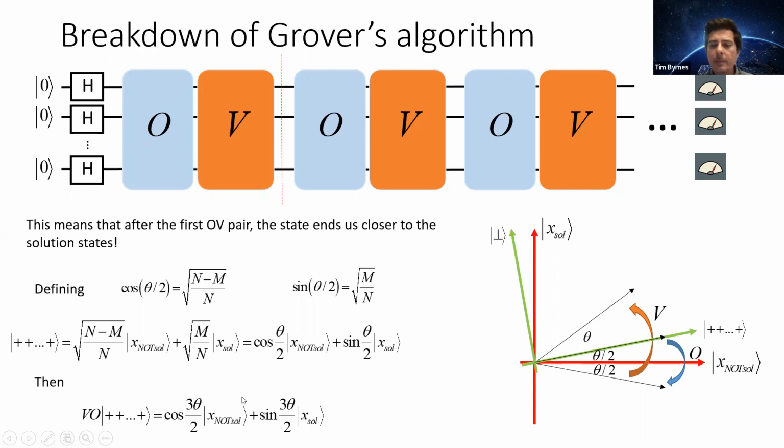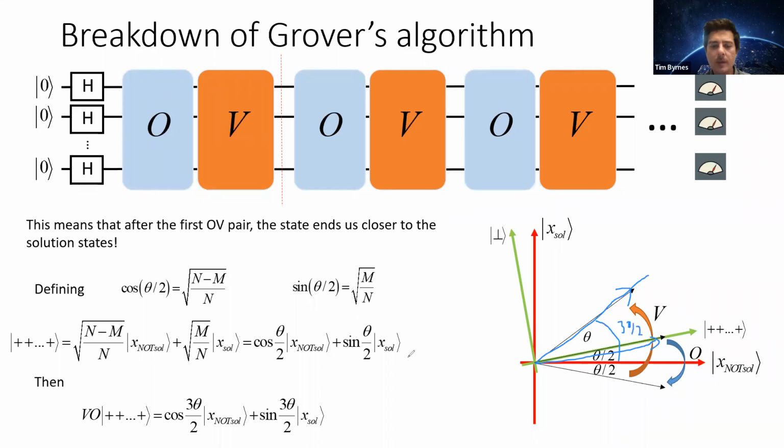All right, and basically using this kind of geometric argument, after one step of the VO pair, so OV, it starts here. This is where it starts, and this is where it ends up. So this angle from the red axis is 3 theta over 2.